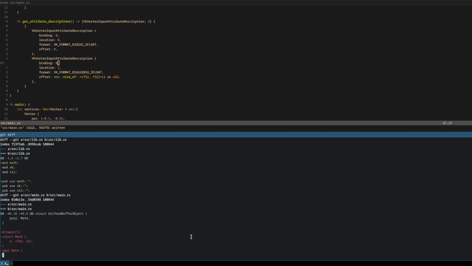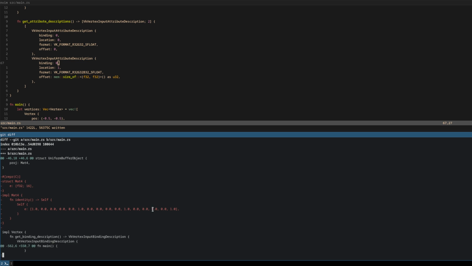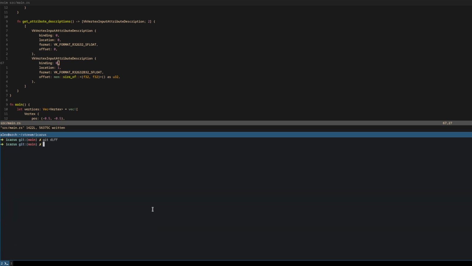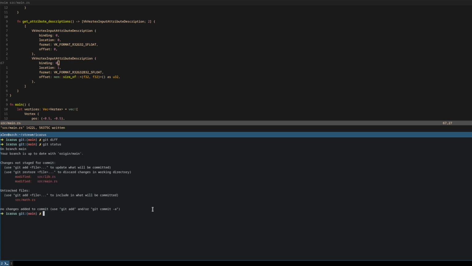Let me see the changes. And commit all of this. Git commit.